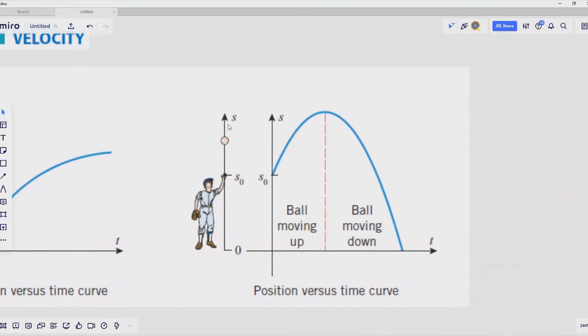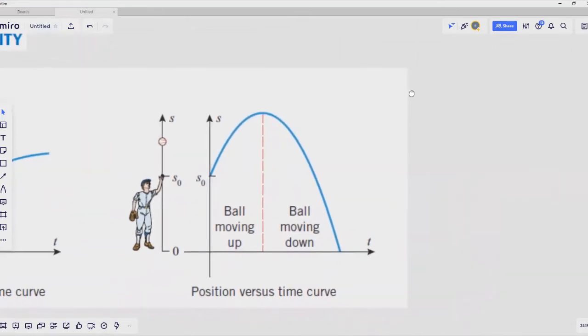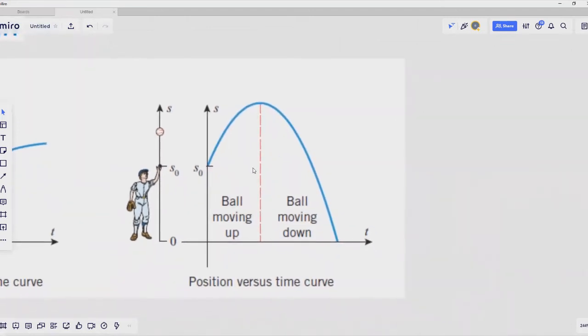We assume that the positive direction is up. Then our graph of position versus time is going to look like this. The position of the ball increases up to some point. Then, due to gravitational acceleration, it reaches its maximal point, and then it falls down.